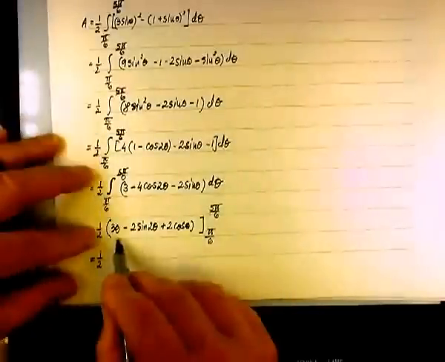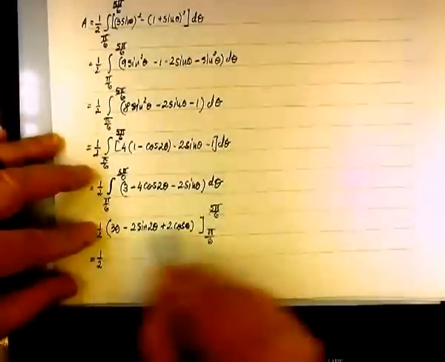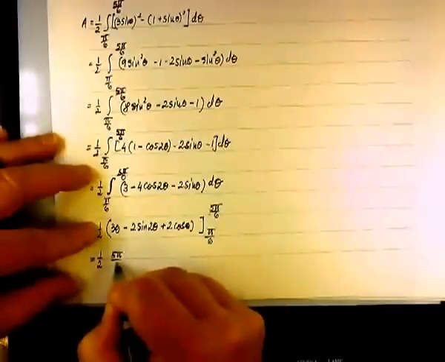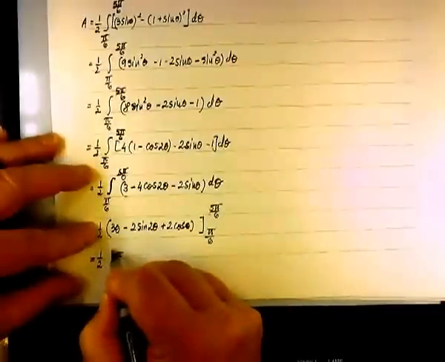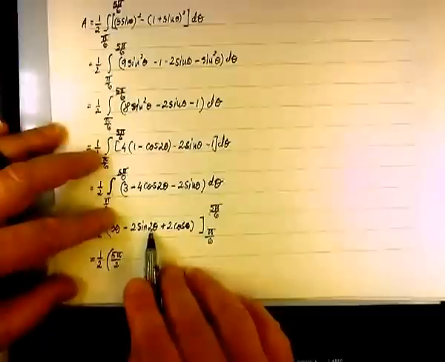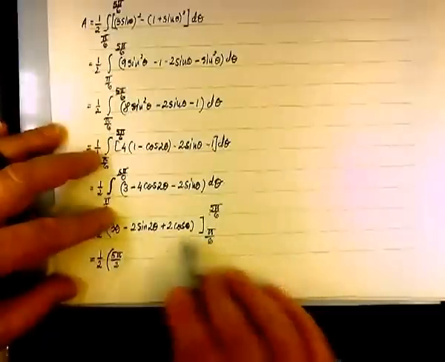Okay, 1/2 in front of everything. 3 times 5 pi over 6 will be 5 pi over 2. Okay, 2 sine 2 theta.